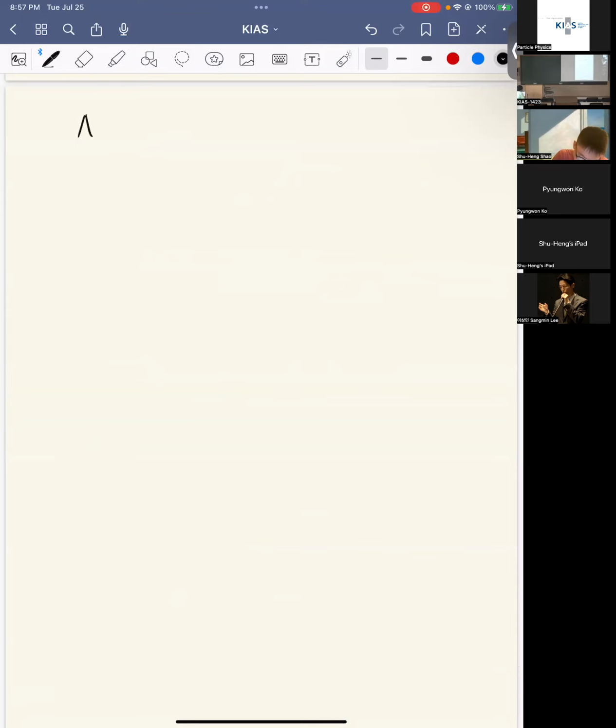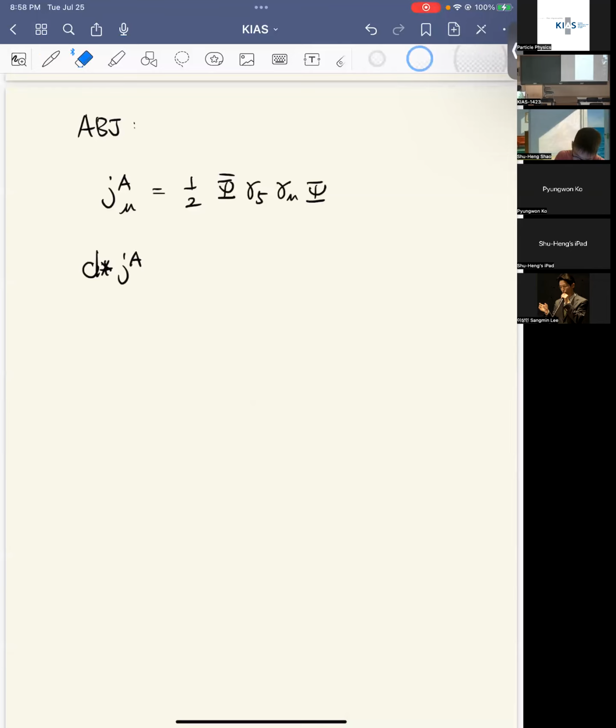So what ABJ taught us back in 1969 is that, let's define the axial current in the following way. This is the naive current that you would expect to be conserved. However, ABJ showed that, and here I'm going to use the differential form notation, I hope that's okay.